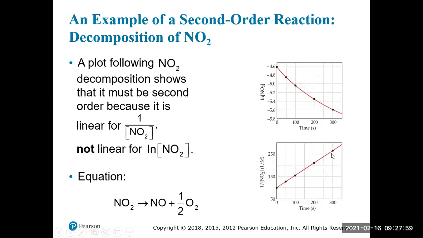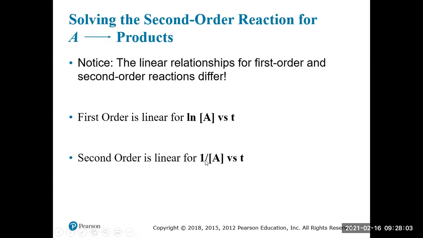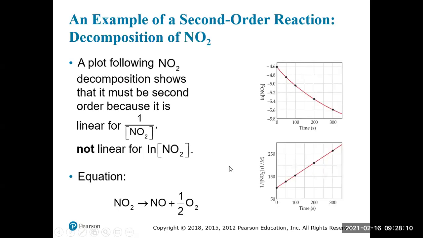We see that one is linear. We'd go back here and say, okay, 1 over A versus t is linear for a second order. So that would tell me this is a second order reaction based on these plots. And then if I calculated the line fit for this and got the slope, then I could get the rate constant as well.